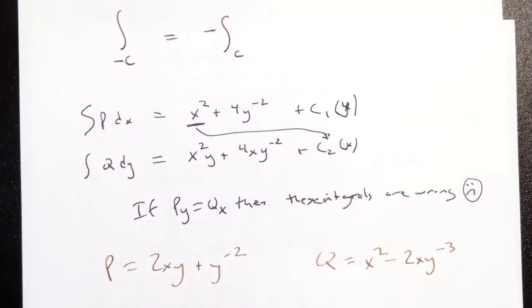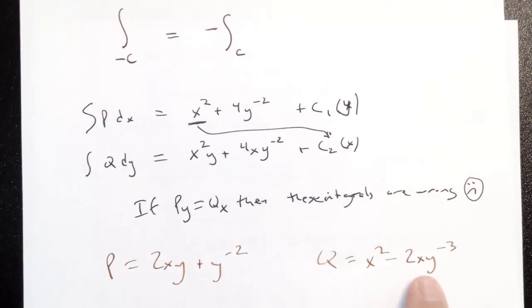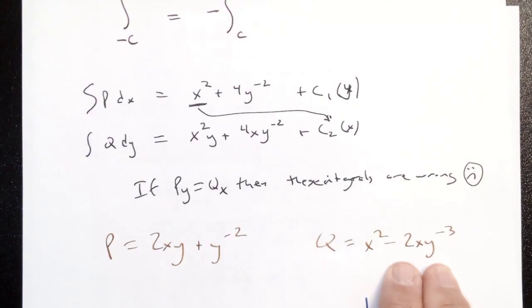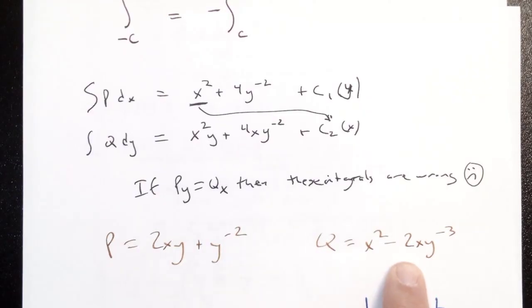Okay, but then if you've got an x and a y that can't fit into the constant, that is true. If I have an x and y, it won't fit in the constant. But then go over here and do this integral. What's the integral with respect to y of y to the negative 3?